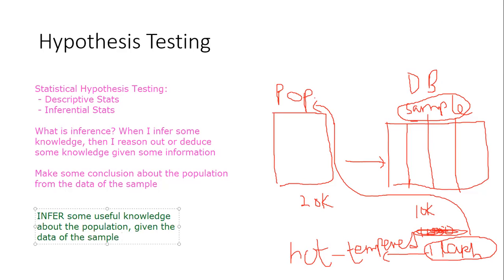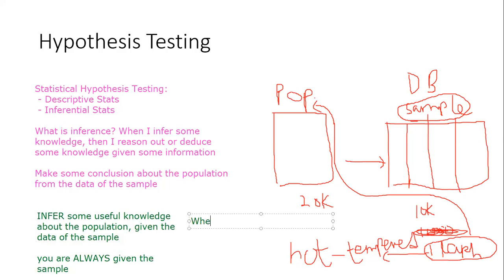Is this thing clear? Is this concept clear? And you are always given the sample. You are never given the population, but whenever you make a claim, you have to make a claim about the population and not about the sample, because the sample is not reliable. Okay, this has to be crystal clear.